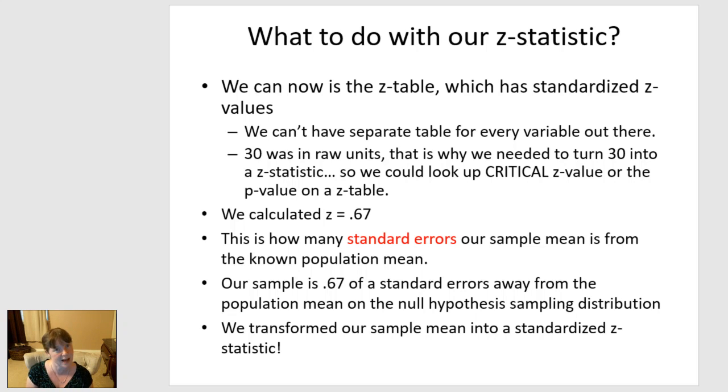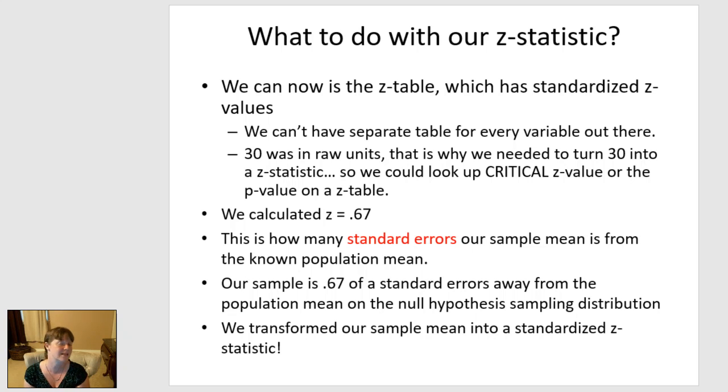It's 0.67 standard errors. It's just a standardized value. It's a z statistic, right? Our one sample of 16 kids were 0.67 standard errors away from that null hypothesis population mean of 28, right?